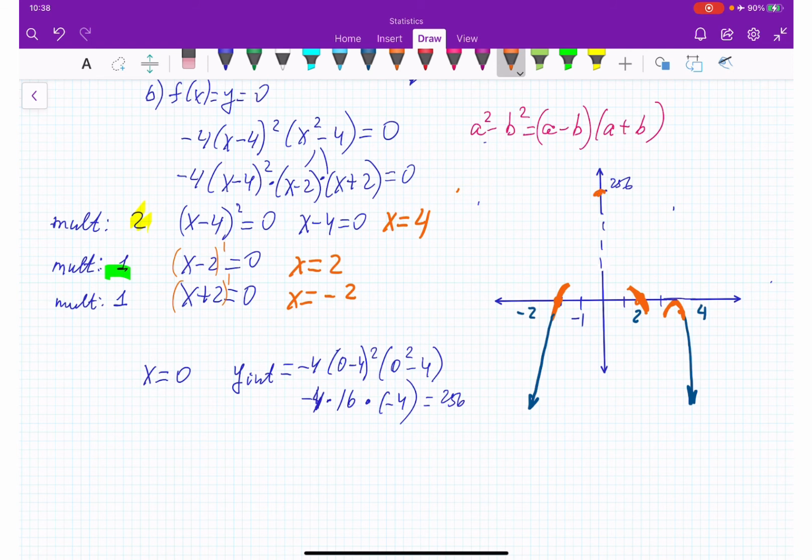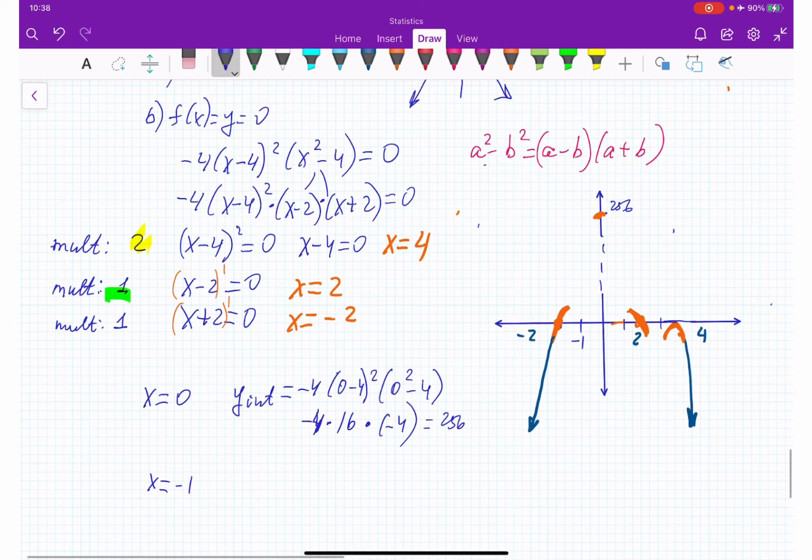It's going to cross this point one way or another. But let's find out in the middle of the interval between 0 and -2. I'm taking x equal to -1. So what do I get? -4 times (-1 minus 4) squared, and then (-1 squared minus 4).